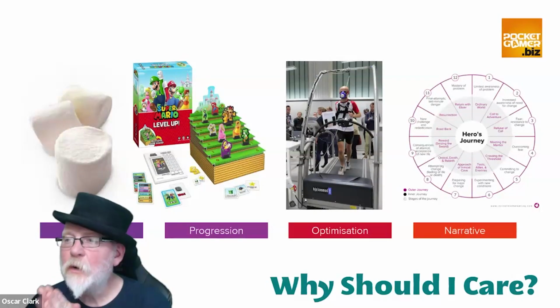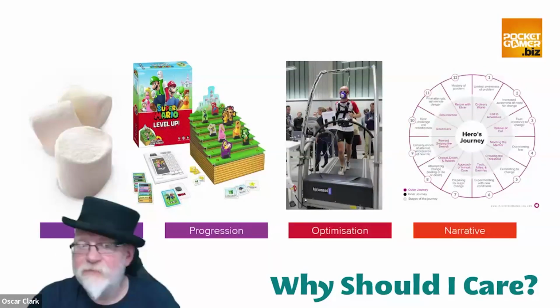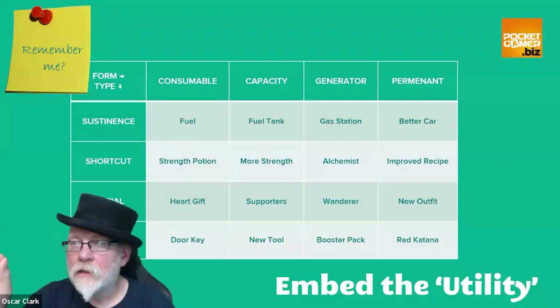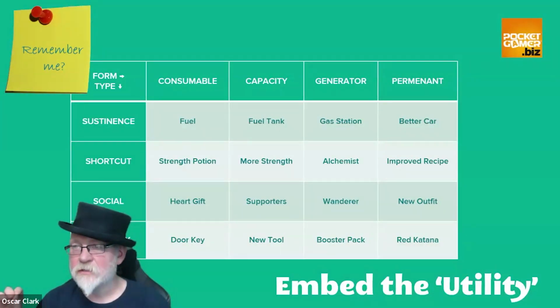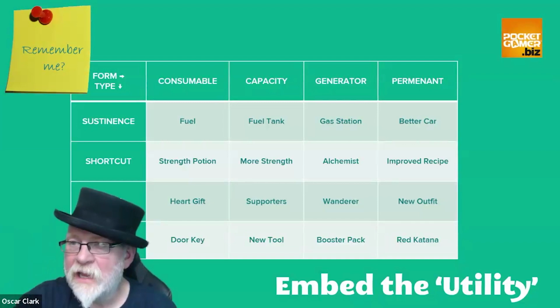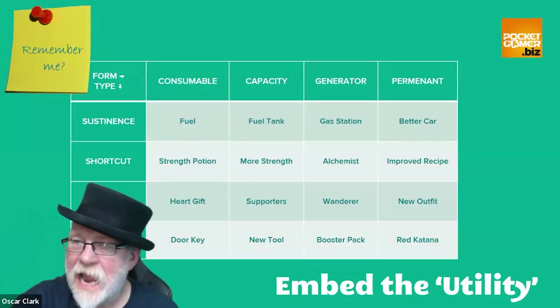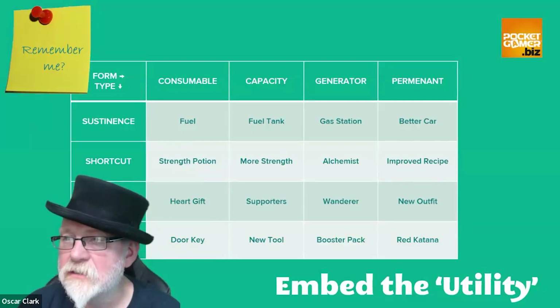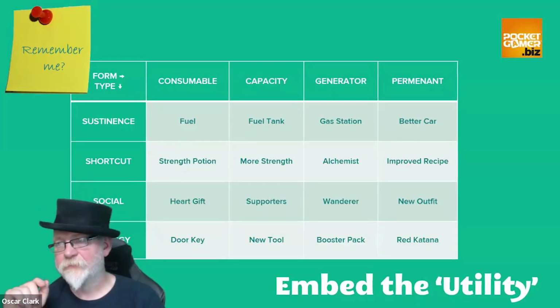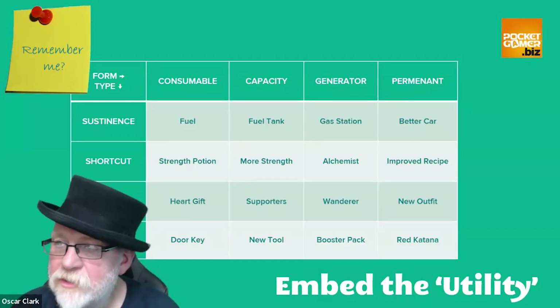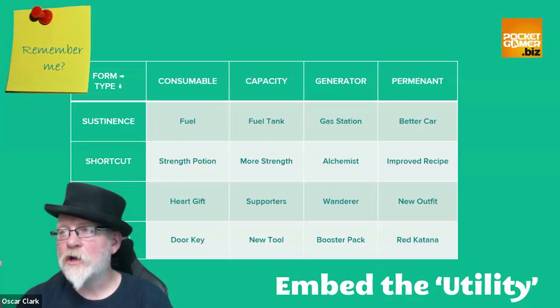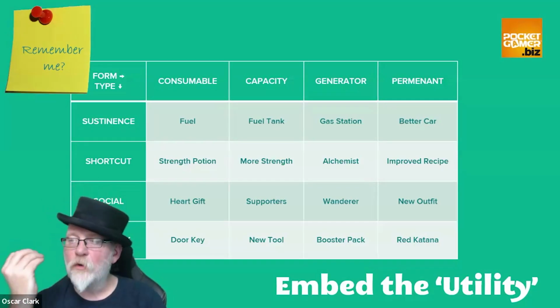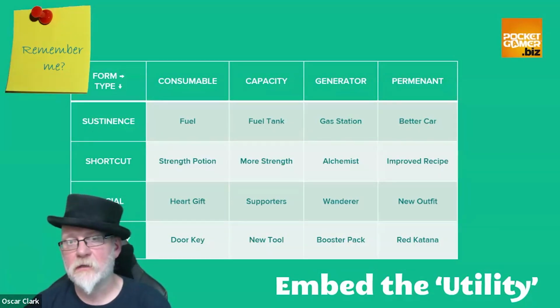Again, if we don't understand what we did before, i.e., what were the forms and types of goods? What were the things that the player values? We don't have that. Remember that? That's why we did that exercise in the previous session. That's why we try to pay attention to those moments and the types and forms that we can deliver those moments.